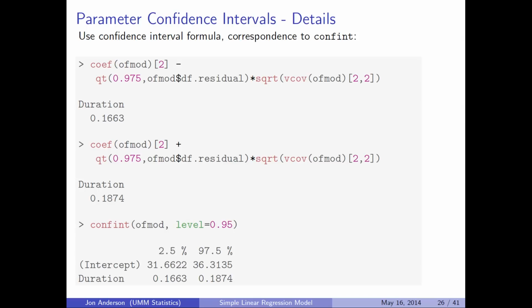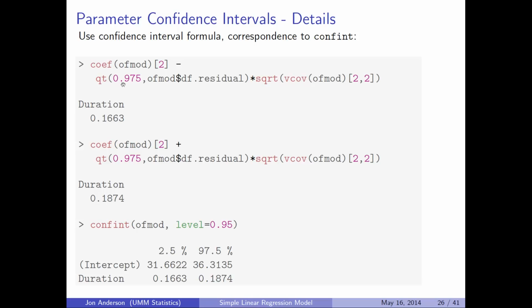In this overhead, I go through the gory details about how to use the confidence interval formula to get the confidence interval. Basically what I'm doing here is I'm taking the second estimate from the model, the estimated slope, beta 1 hat, and I'm subtracting off the correct t multiplier to get a 95% confidence interval.